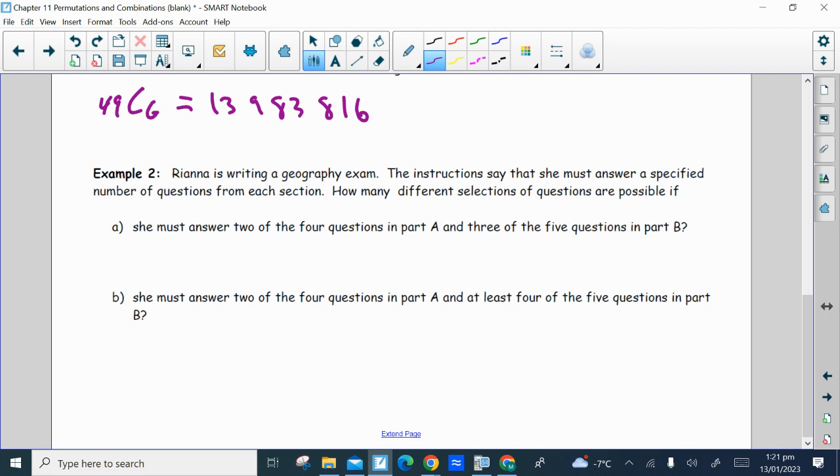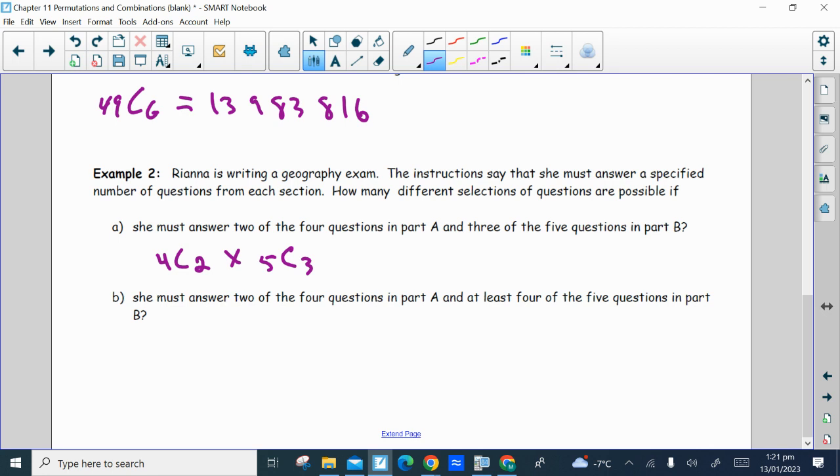Doesn't matter. This is an example of combinations. So from part A, there are 4 questions. She's going to do 2 of them. That would be 4C2. And, so times 5 questions from part B, and she has to do 3 of them. This is a type of question that's fairly common on the diploma exam. Very straightforward. Okay?